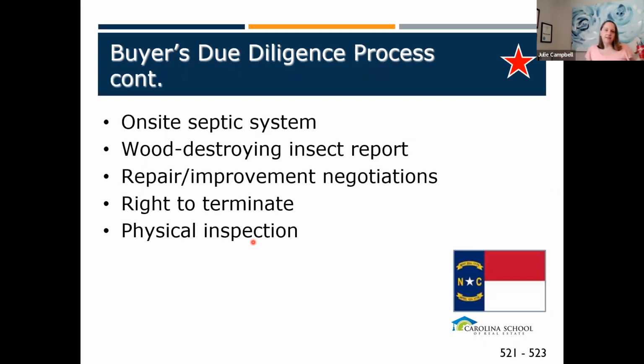If it's raw land, or if there is currently an on-site septic system, we may want to consider having a septic system inspection. If it's raw land, they want to do what's known as a PERC test, P-E-R-C. That tests the soil to see how well it will support an on-site septic system.